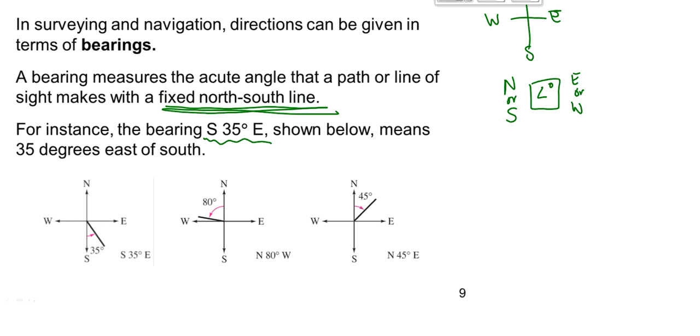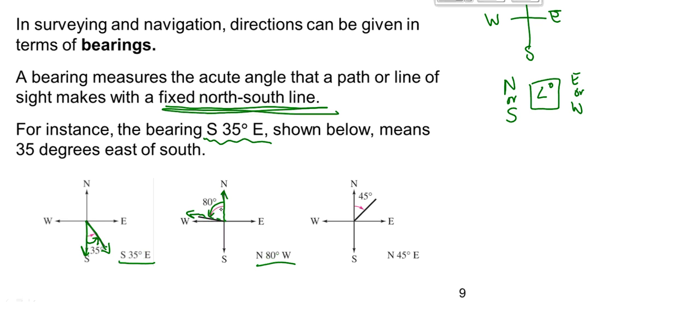I am going to say you should draw these three pictures and these labels. South 35 degrees east, which is 35 degrees east of south. The way you want to think about that, because you're going to draw pictures, is you go south, then you go to the east 35 degrees, and this is the line you're traveling along. This one is north 80 degrees west, so you look at north, and then you go to the west 80 degrees, and you're traveling along that line.